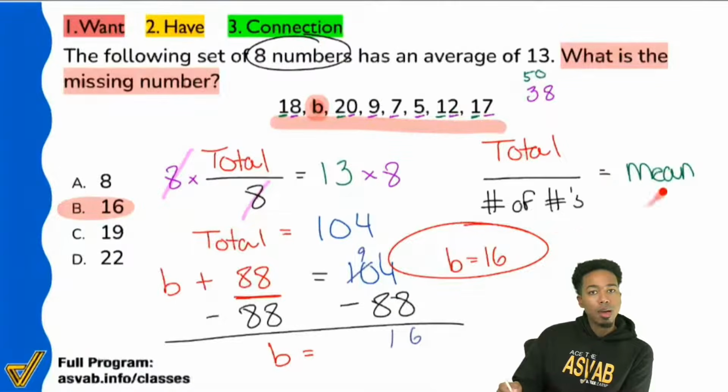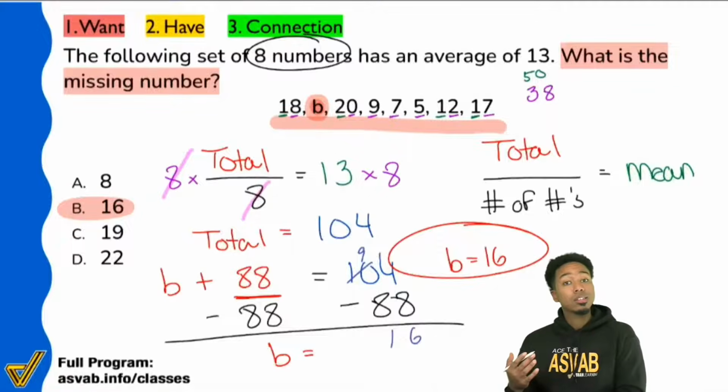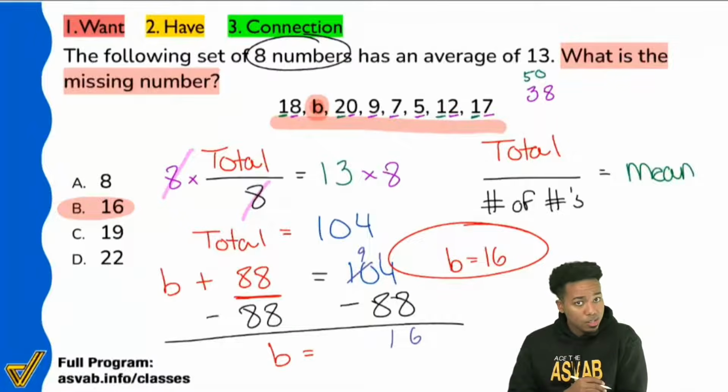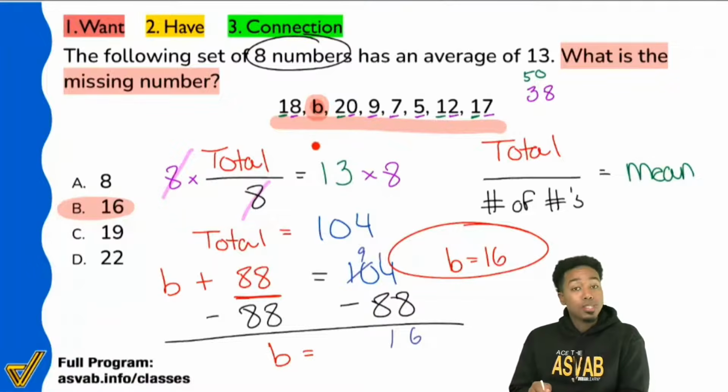Total, the denominator, the mean, where does it belong? Yeah, that belongs in the total. So because we're trying to work backwards, all I'm saying is, if we knew what the total was supposed to be, well, shoot, we're good. Because if I know what the total is supposed to be, I could easily find out what's missing.